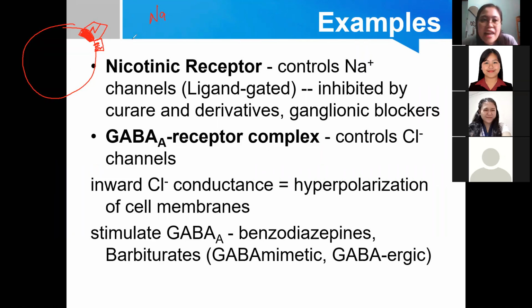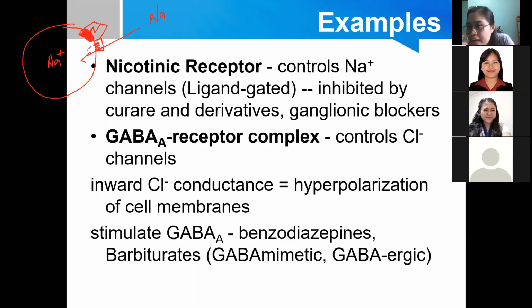But the channel opens, therefore si sodium musulod sa cell. Okay? Musulod siya sa cell. Nasabtan ni? Example ni siya sa class 1 ionotropic.